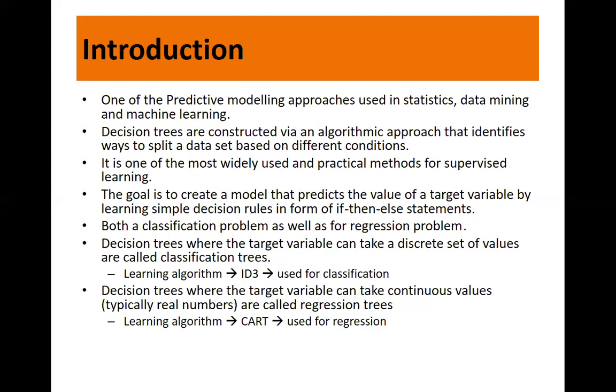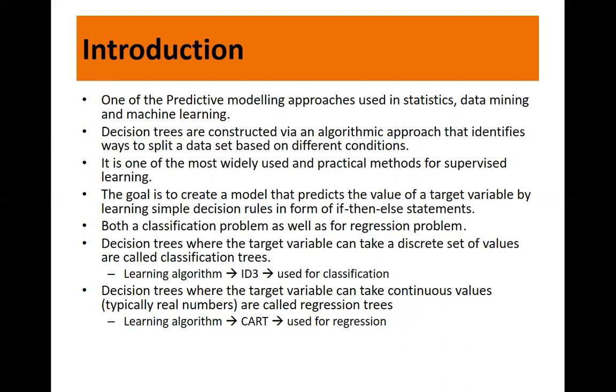So decision trees are a type of supervised machine learning, where the data is continuously split according to certain parameters. They are constructed by an algorithmic approach that identifies ways to split a data set based on different conditions.